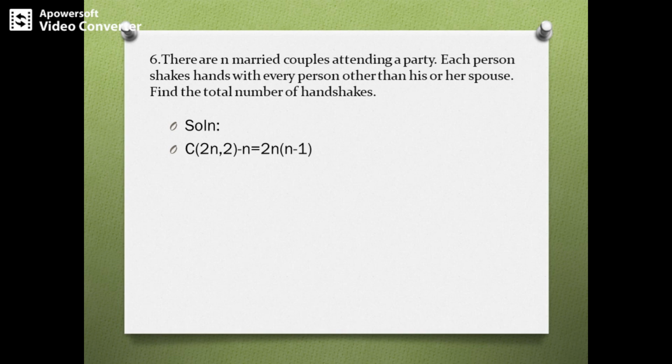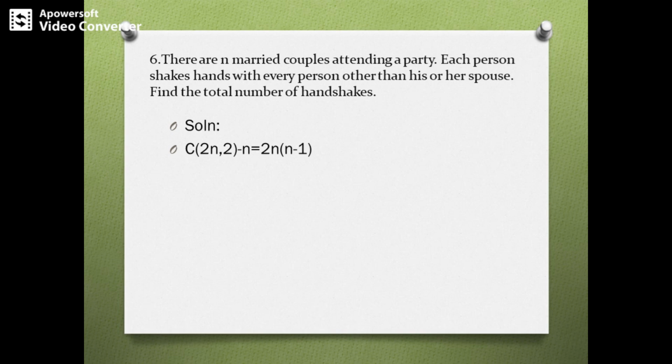So let's take the number of persons at the party as 2n, and these 2n persons fall into C of 2n comma 2 pairs, right? That is handshakes, 2 persons per handshake.